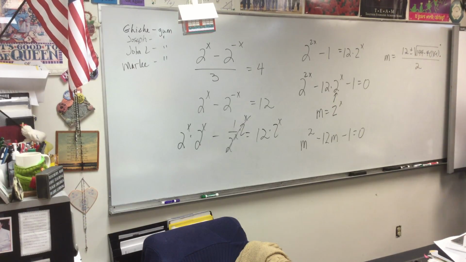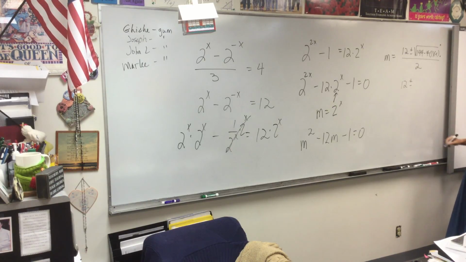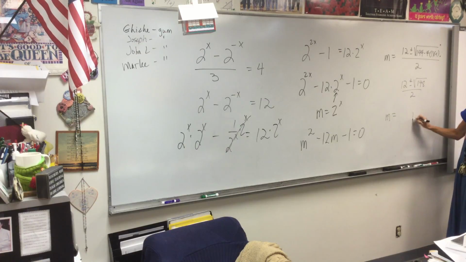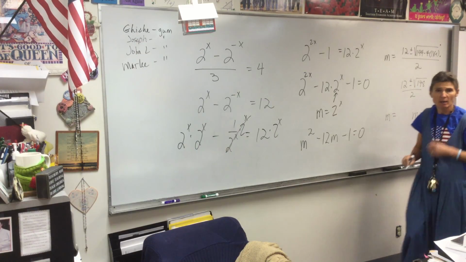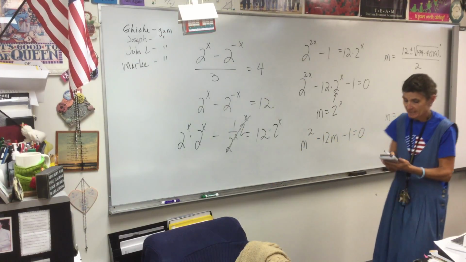So there's my quadratic formula, negative b plus or minus the square root of b squared minus 4ac all over 2a. So that's going to come out to be, okay, let's see, square root of 148. Now, I need to actually get a couple decimals here. So I'm going to go ahead and type those in.